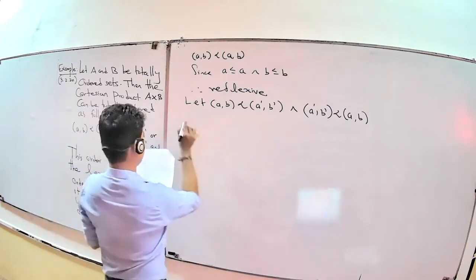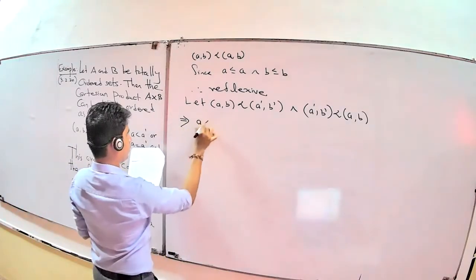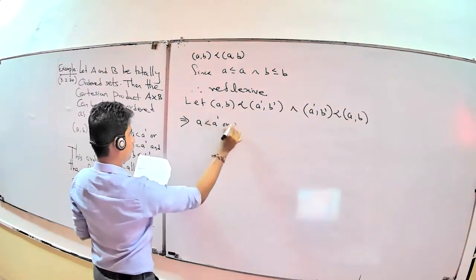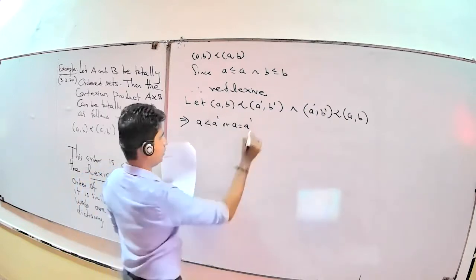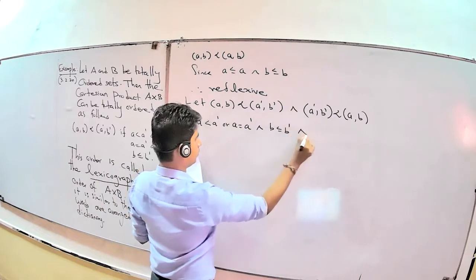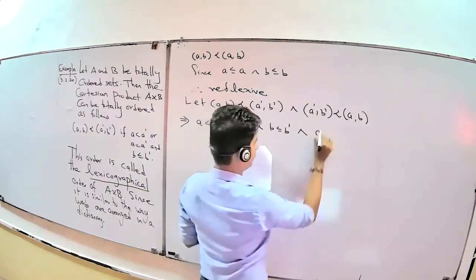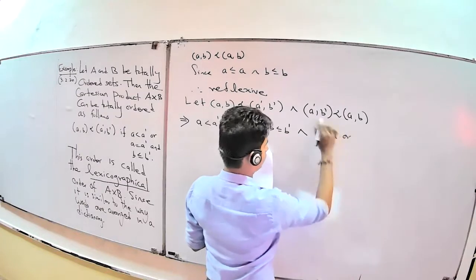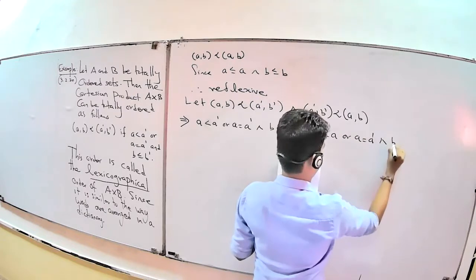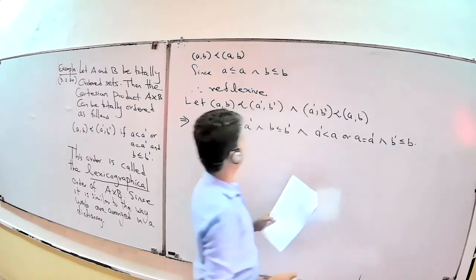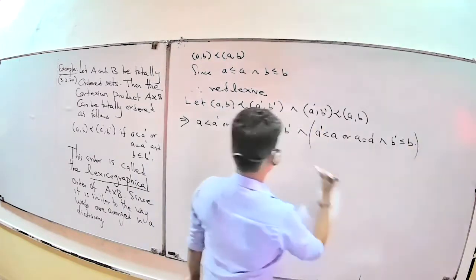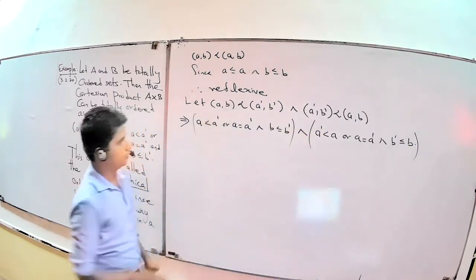This means a less than a dash, or a equal a dash and b less than or equal b dash, and a dash less than a, or a equal a dash and b dash less than or equal b, for this case.